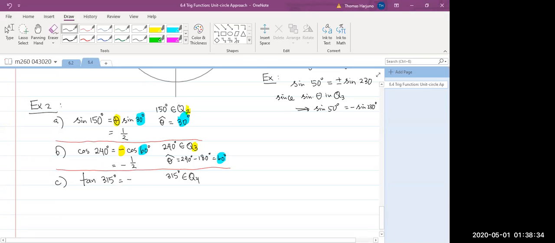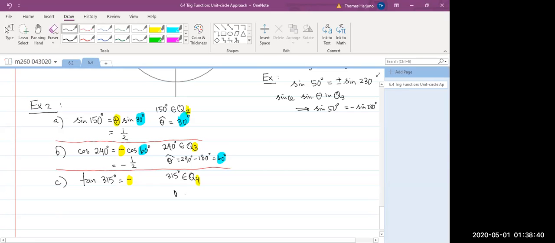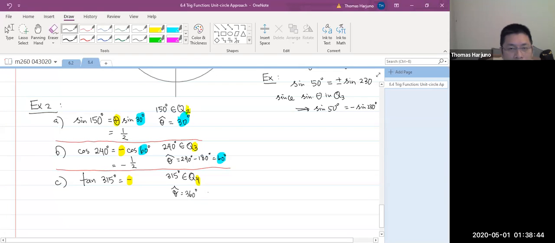Negative. Now then, what is the reference angle? 45 degrees. And we get it from 360 minus 315 degrees, that's 45 degrees. So this is equal to negative tangent 45 degrees, that's negative 1.